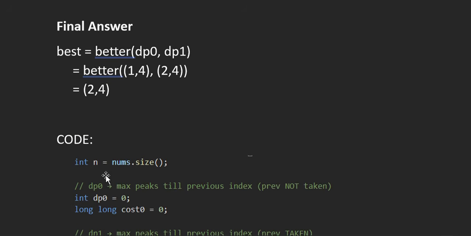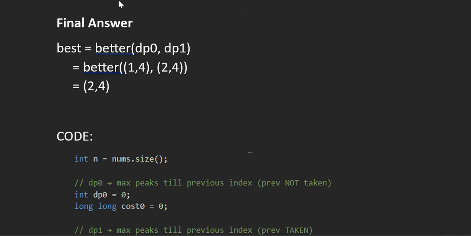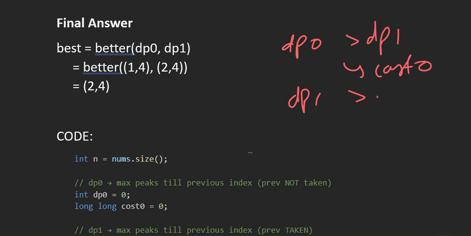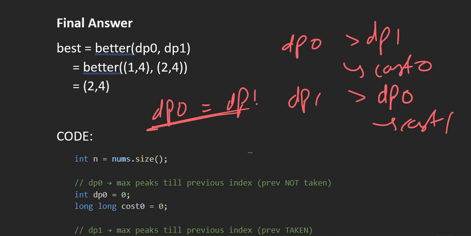Then the final answer will be the better one, whichever gives us more peaks. If dp0 is greater than dp1, then we return cost 0. If dp1 is greater than dp0, then we return cost 1. If both the numbers of peaks are the same, then we return the minimum of cost 0 and cost 1, right?